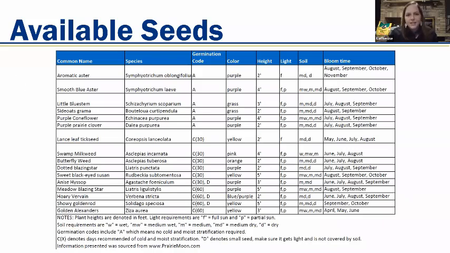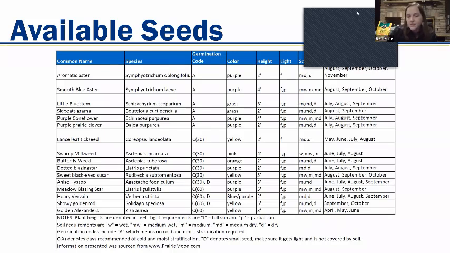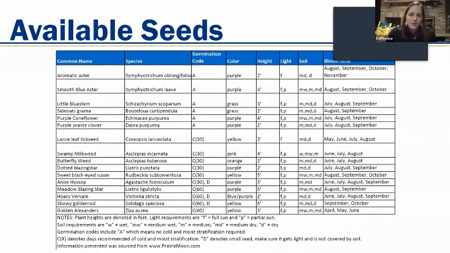The letter D here means that the seed is either really super small, and they're just cautioning you to not bury it in your potting soil because it needs light in order to germinate. And because it's so small, it's so easy for it to fall in the cracks of your potting soil. So that's another example of conditions that you have to keep in mind when you're setting up your winter sowing.